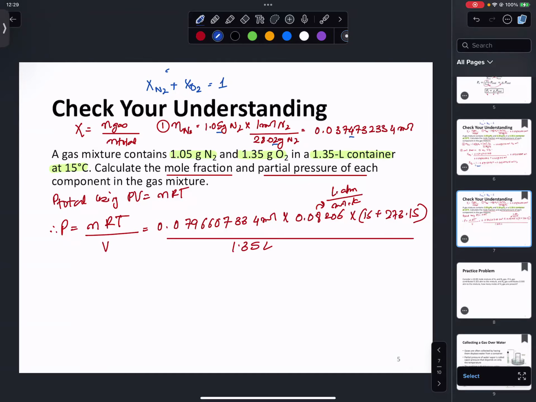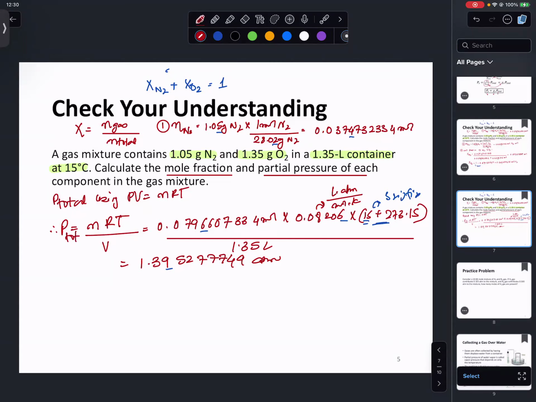When I track my sig figs from this operation, I get 3 sig figs, because 15 has no decimals. And I get 1.395277749 atmospheres, and this is 3 sig figs. This is P total.